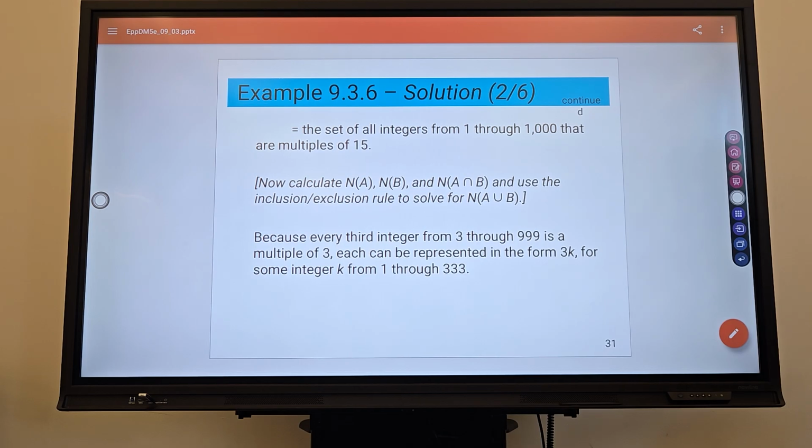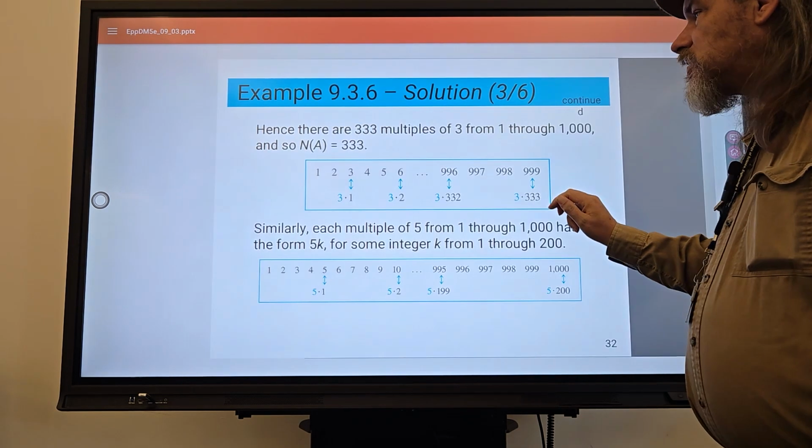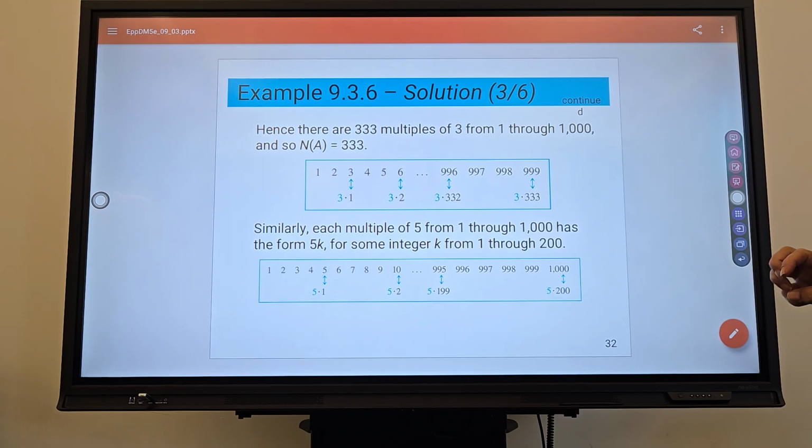Anyway, because every third integer from 3 to 999 is a multiple of 3, each can be represented in the form 3k for some integer k from 1 through 333. Hence, there are 333 multiples of 3 from 1 through 1,000. So N(A) is 333.